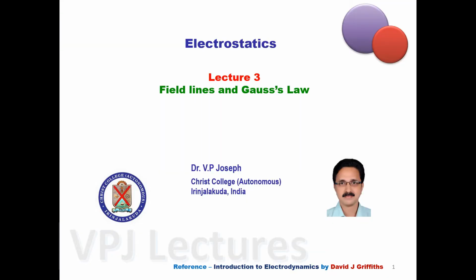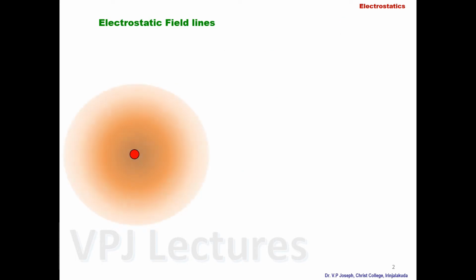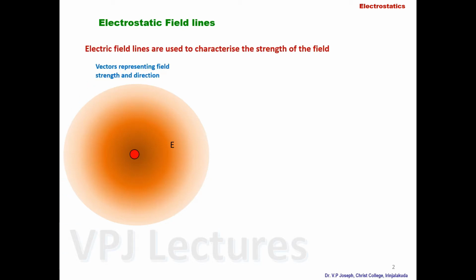So first, let us consider the electric field lines, the properties of field lines. In order to introduce the field lines, initially let us consider a field region like this.